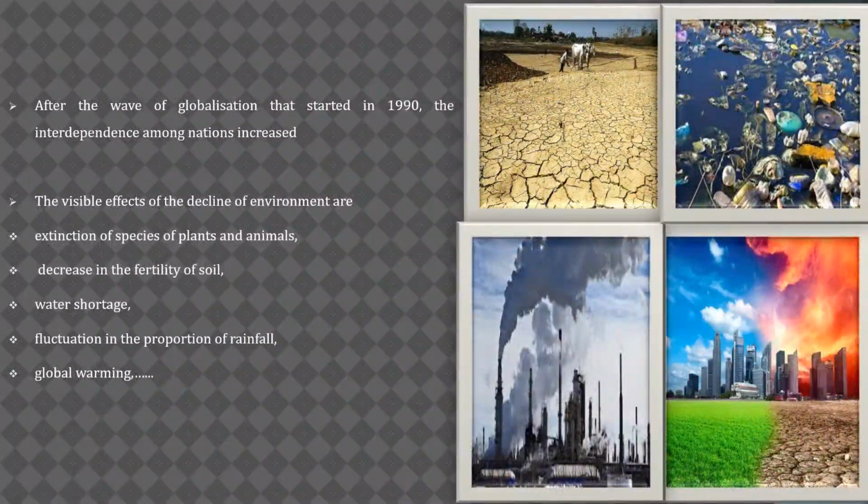As a result of this awareness, the question of environmental safety began to be discussed at the international level. After the wave of globalization that started in the year 1990, the interdependence among nations increased, and therefore the need for nations to cooperate with each other is important.